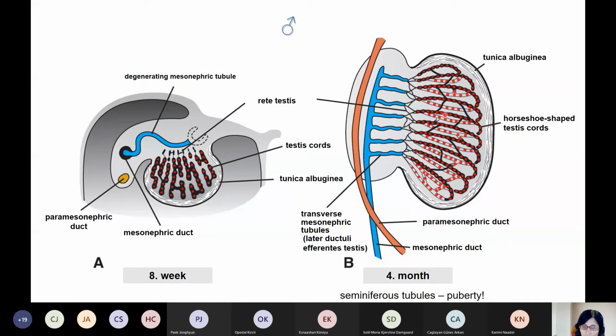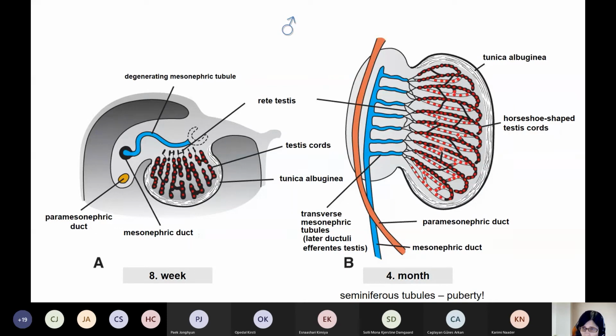Later, in the 4th month, these testis cords will become horse-shaped. Inside these horse-shaped testis cords, we could already identify the Sertoli cells. These testis cords are solid testis cords without a lumen.